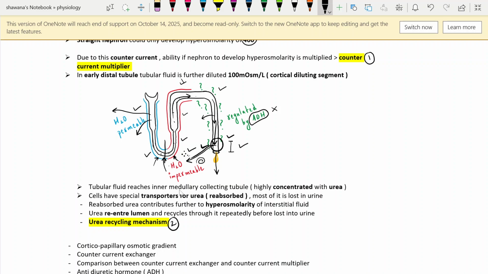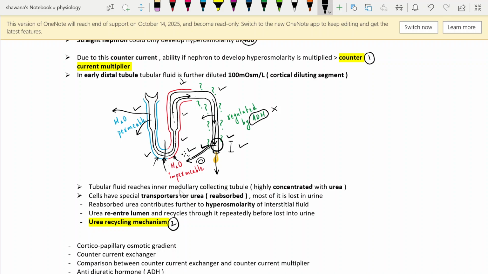And in the ascending part, a lot of solutes are reabsorbed and pushed into the medullary interstitium, contributing to the medullary hyperosmolarity. This mechanism multiplies the capability of the system to develop the cortico-papillary osmotic gradient. That's why we call them the countercurrent multiplier.